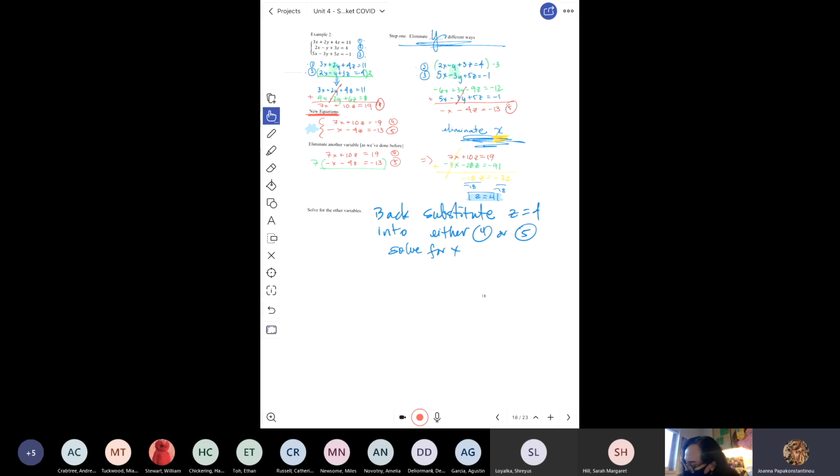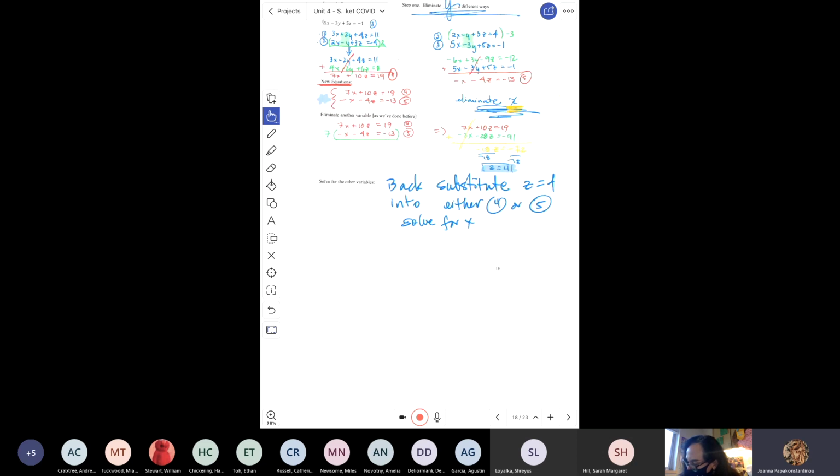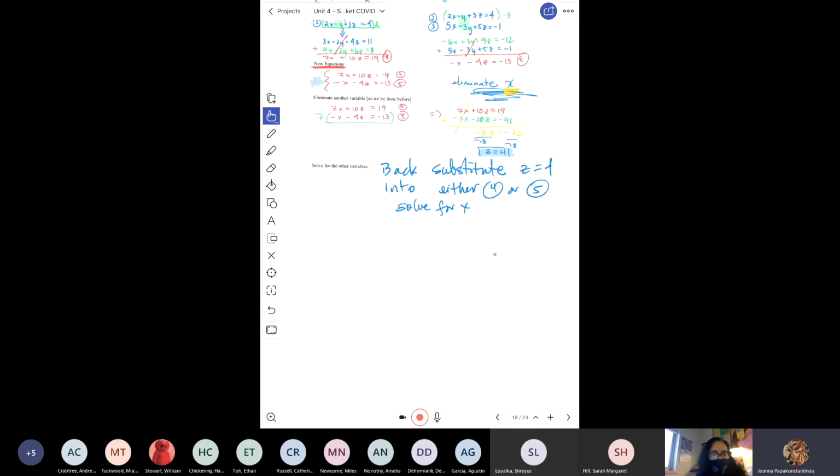Which one would you like to substitute back into? Doesn't matter. You want to do equation 5? Okay. So I'm going to take equation 5, which was negative x minus 4z equals negative 13. Negative x minus 4 times, and we know what z is.